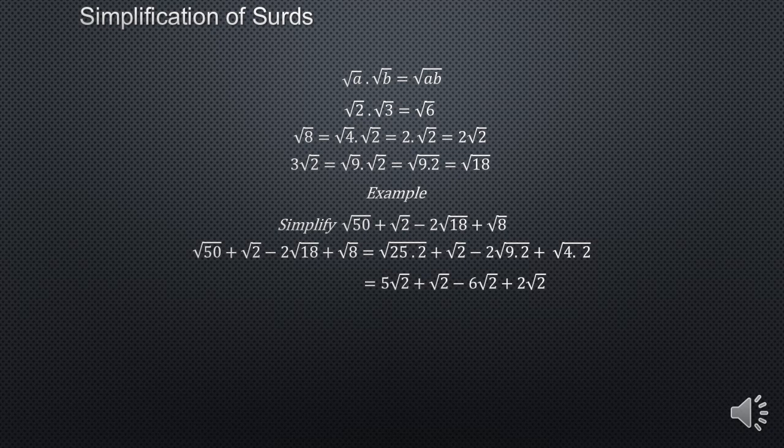We'll do BODMAS. We'll add first, and we will get 8 root 2 minus 6 root 2. I'm treating root 2 as an unknown, but it could be that there are 8 root 2's minus 6 root 2's. So 2 root 2 would be the answer.